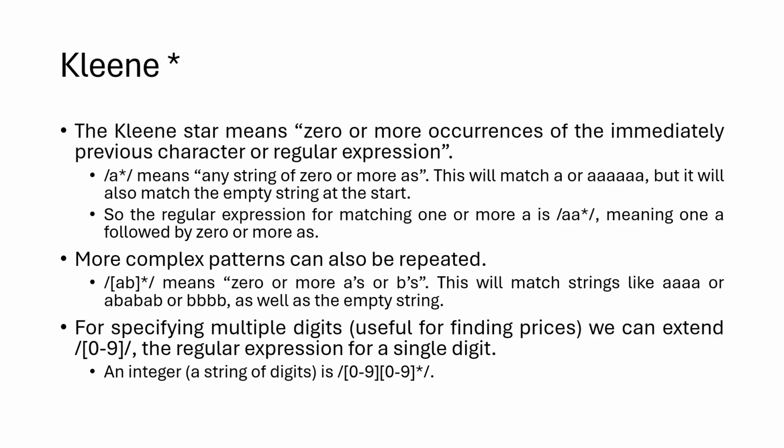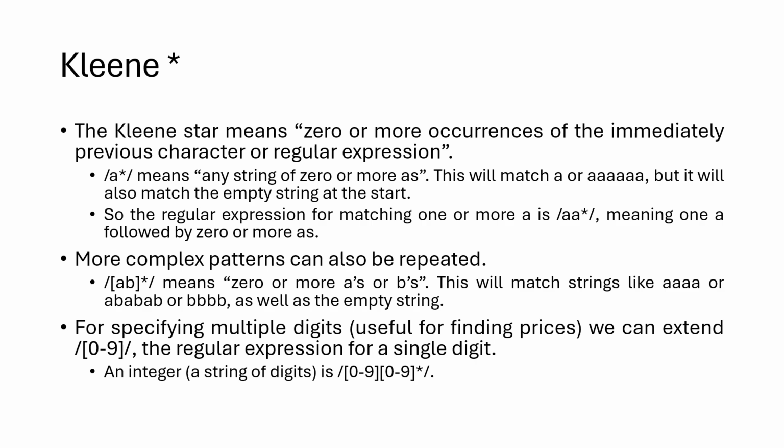This will match either a single A or these 6 A's or more than that. But it will also match the empty string, that you have to remember. At the start it will match the empty string. So the regular expression for matching one or more has to be specified like this. If you want to match one or more, then give one A as a letter, then A star has to be given.